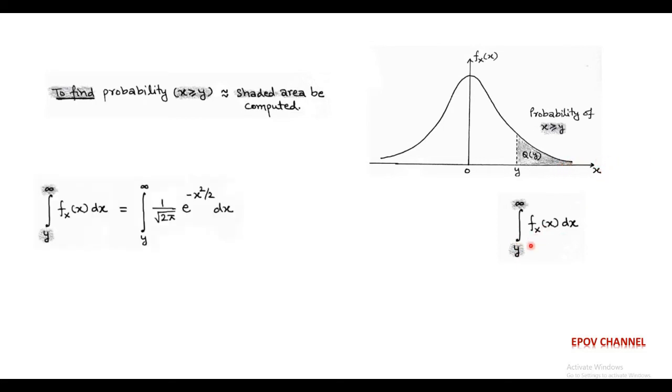Now, in place of small f, that is the Gaussian PDF, we can write the expression with 0 mean and unit variance, equal to 1 upon square root of 2 pi into e to the power minus x square by 2 into dx. So this integration expression is called the Q function, denoted by Q of y, and this results as the area of the shaded region of the positive tail.